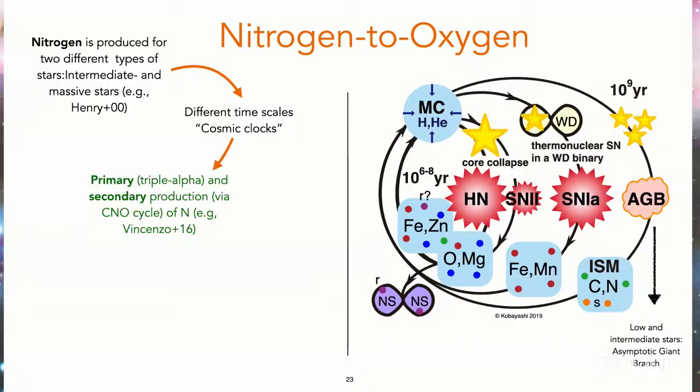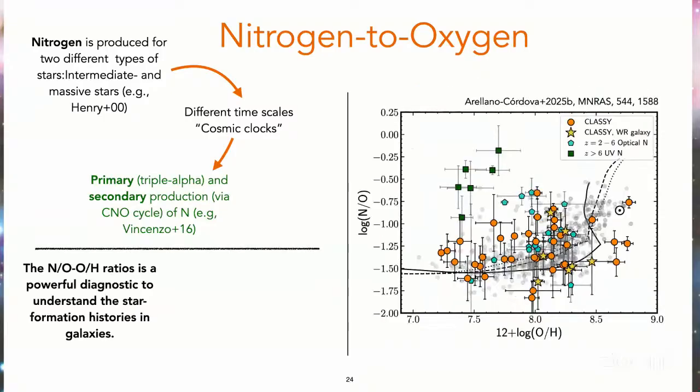All of these processes are together in this figure, and it's a powerful diagnostic to understand star formation histories in galaxies, given all these mechanisms that produce nitrogen. Carbon is similar, considering all these lower stellar masses that produce carbon.